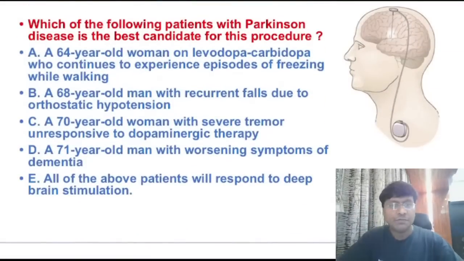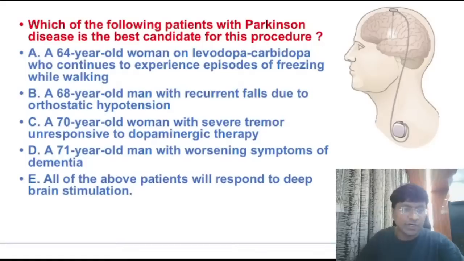Which of the following patients with Parkinson's disease is the best candidate for this procedure? Right, first of all, you should identify what exactly this procedure is. The options are: a 64-year-old woman on levodopa carbidopa therapy who continues to experience episodes of freezing while walking. Second option, a 68-year-old man with recurrent falls due to orthostatic hypotension.